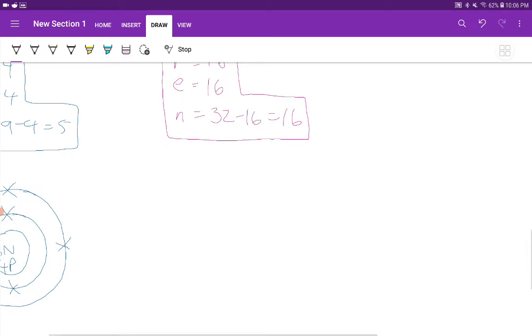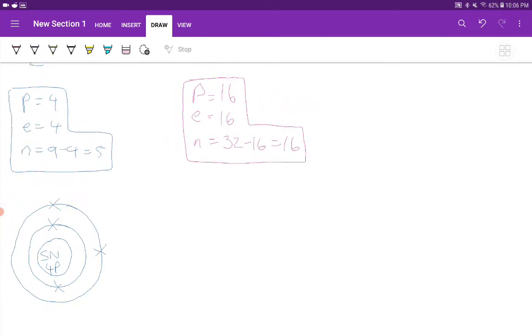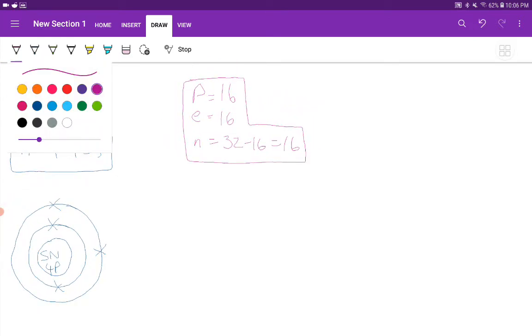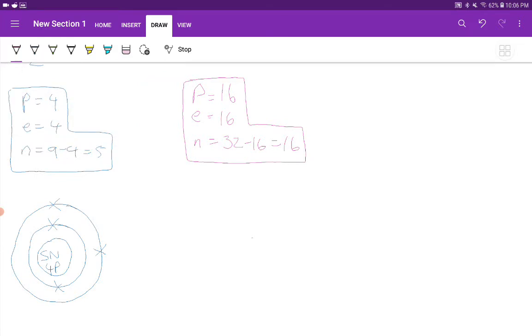Okay, so let's now draw our sulfur. We put in our nucleus first, 16 protons, 16 neutrons. On our first shell, we're going to have 2 electrons.